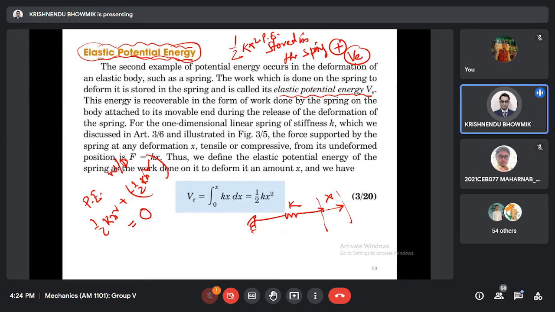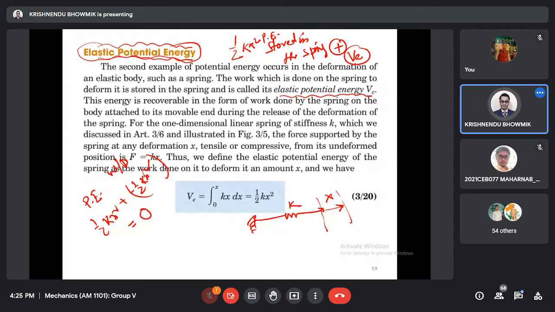If we are not doing anything externally for extension or compression, then the potential energy due to this x displacement is positive. But the work done by the spring for this is negative. So as a whole, the total will be 0.